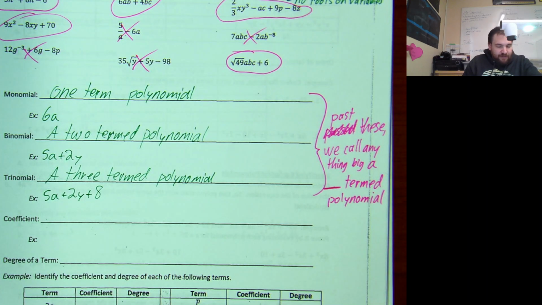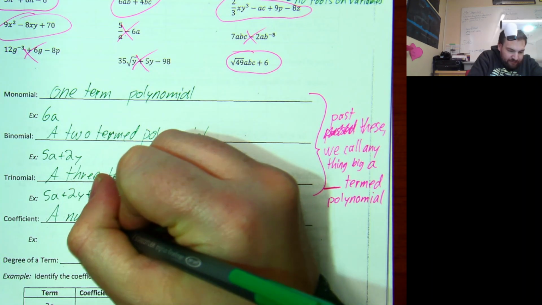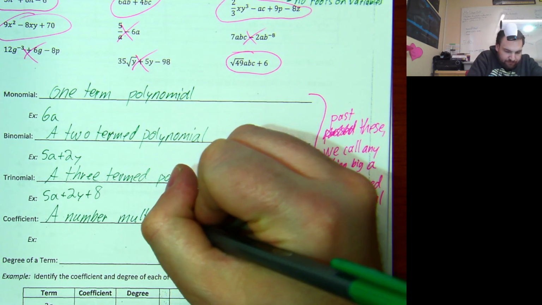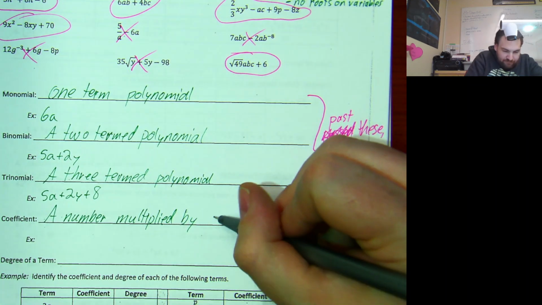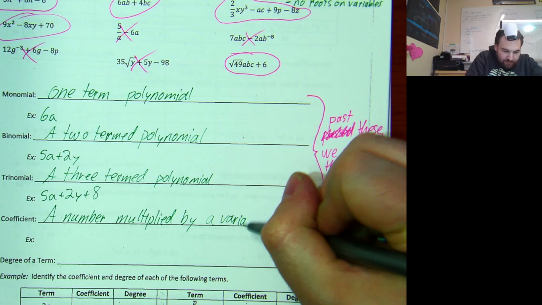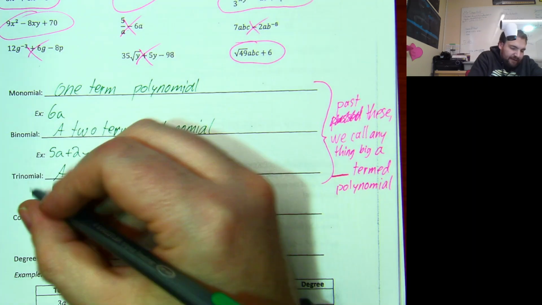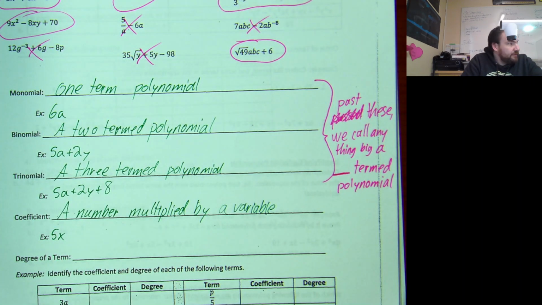Everything else we don't. Coefficients. We remember what a coefficient is? A number multiplied by a variable. You can also have a divided one, but if I had 5x here, what's the coefficient?